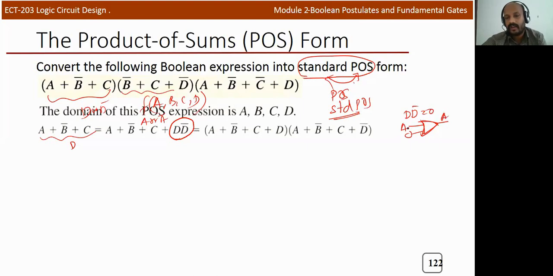If a plus 0 is equal to a, so we can add a 0 here. There is no change in the expression, and in order to replace this 0, d into d bar is equal to 0, we can include that term. Now we can apply the distributive law. Now we will get a plus b bar plus c plus d as one term, and another term a plus b bar plus c plus d bar will be the other term.